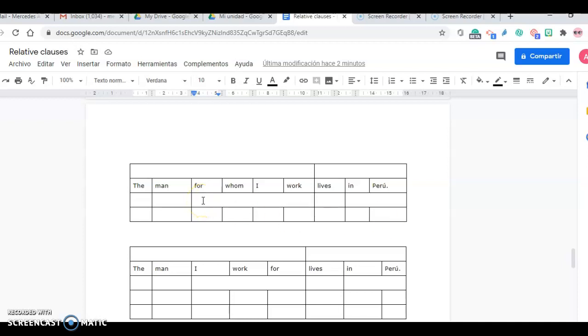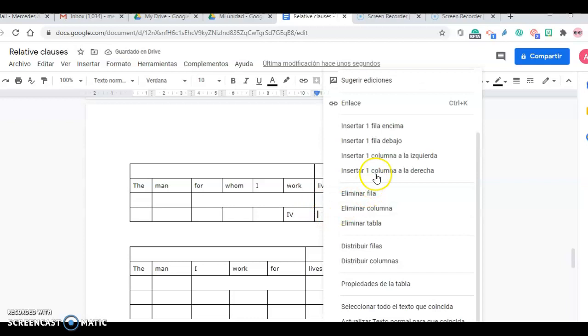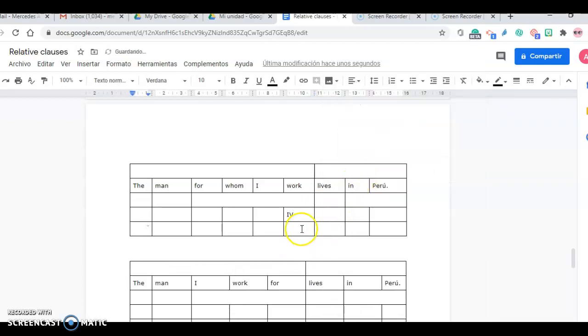So let's look at the analysis of this. What is the verb? Because in order to see what the subject is, we need to see what the verb is. So the verb is work, right? It is an intransitive verb. So I need another row here. Okay, I is the subject then, because I work.